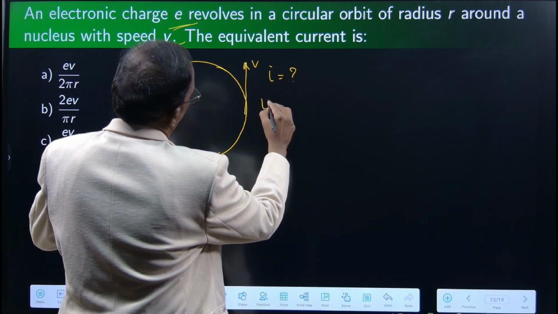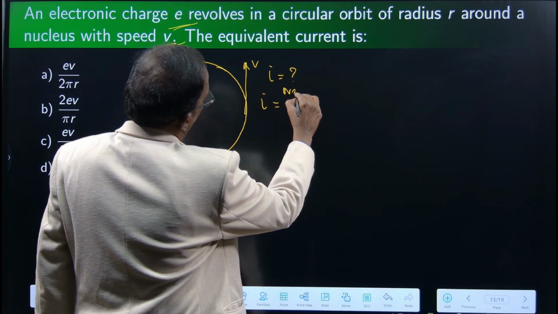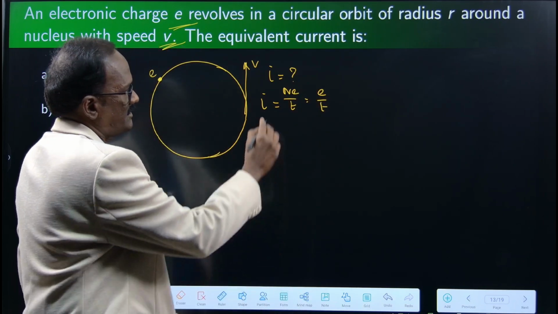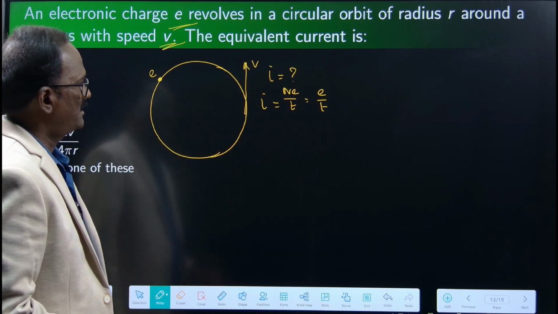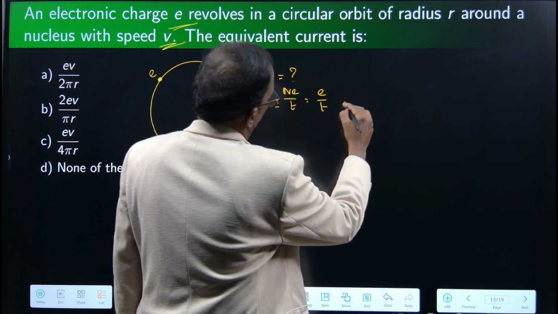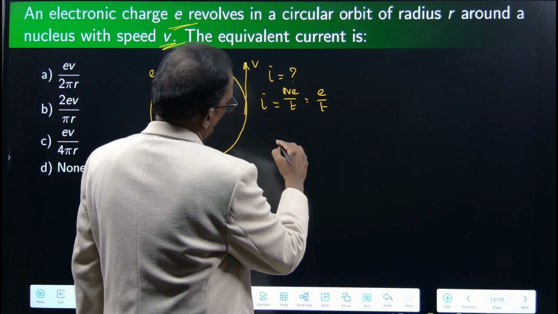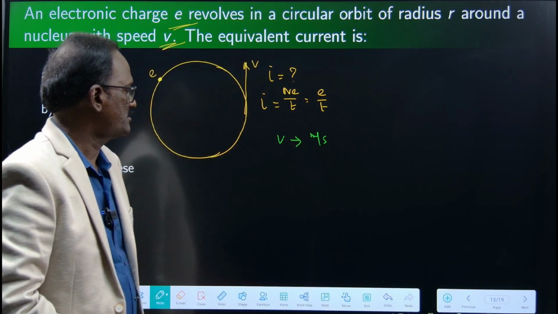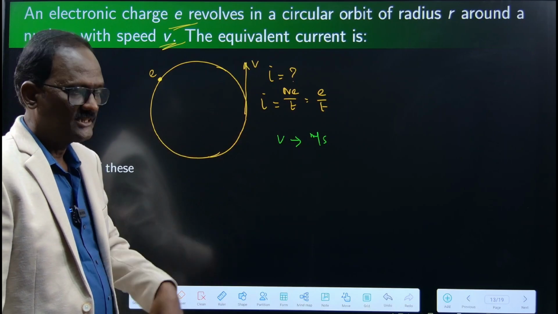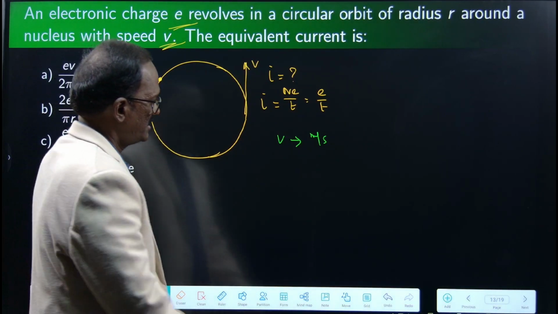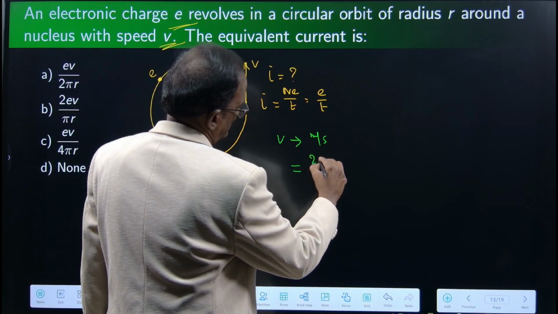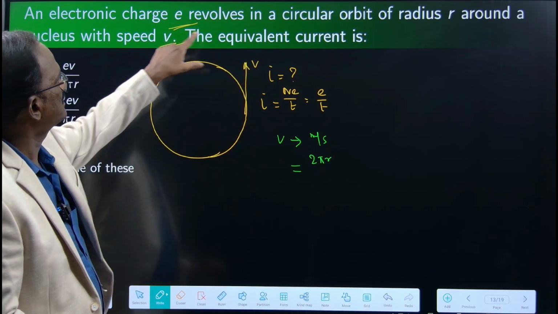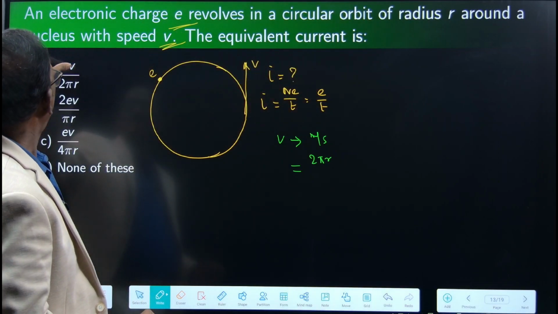So only one electron, so we will write N e by t is equal to e by t, N is equal to 1. The time I need comes from v, whose unit is meter per second. What is the distance? What is the time? The distance is the circumference, as it is revolving in a circular orbit around the nucleus.